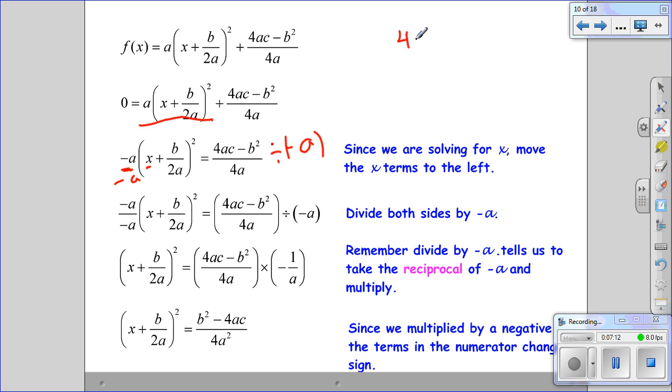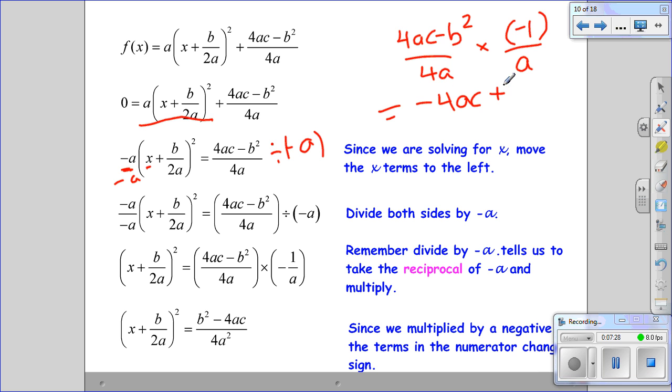Let's just show you this. 4ac minus b squared over 4a times, I put the negative in the numerator, negative 1 over a. So that became negative 4ac plus b squared over 4a, which I then rewrote this way. I put the b squared first because it was positive. It doesn't really matter which way we do it, as long as we use proper mathematical reasoning.